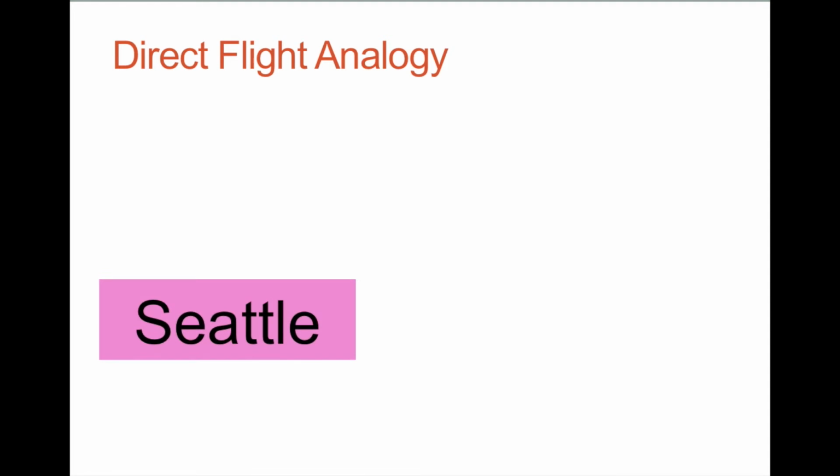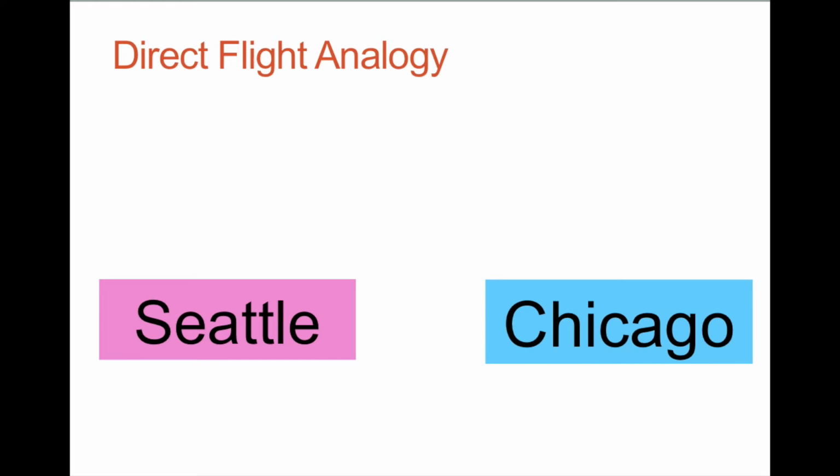So imagine for a moment that you're in Seattle and that you want to fly to Chicago. Now, if you were to book a flight and go directly from Seattle to Chicago without any stops and without the plane landing, that would be considered a direct flight.